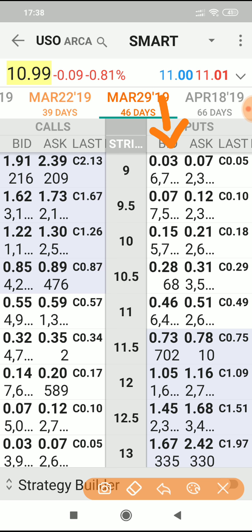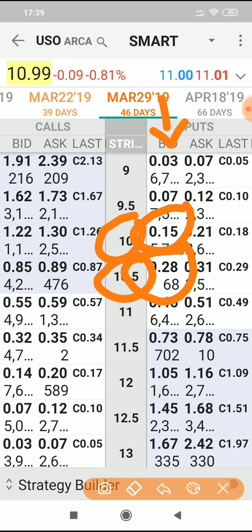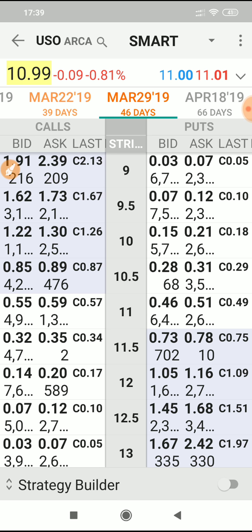If I choose 10.5, I can sell at a higher price. If I choose 10, the price is slightly lower. 9.5, slightly lower again. You get paid more for taking on the obligation to buy the stock at a higher price.